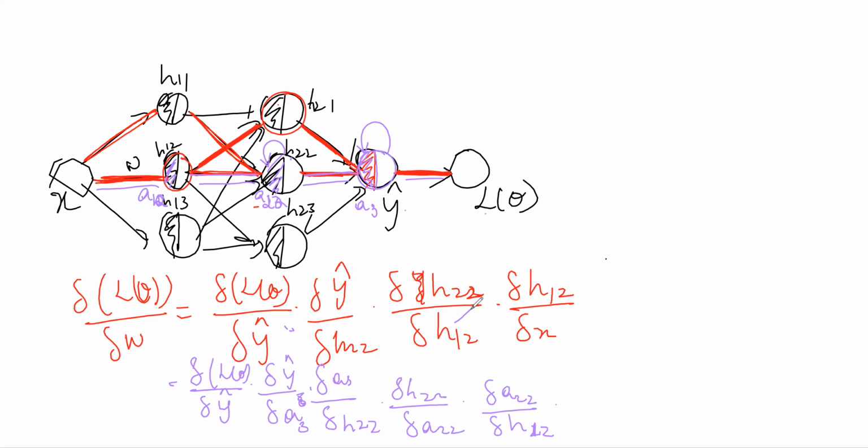From H12, there's an operation that I have to perform to A12, delta H12 with delta A12 into delta A12 into delta X. Did you get to know how I actually came up with the next step?